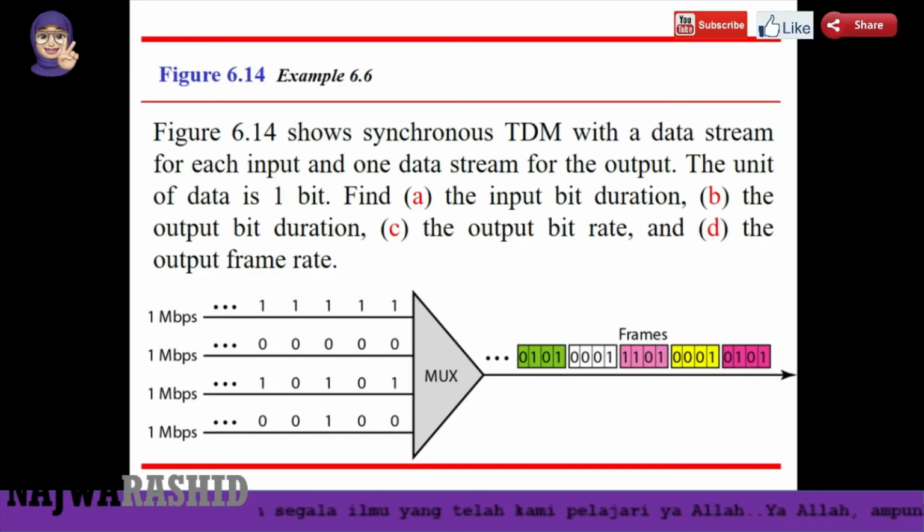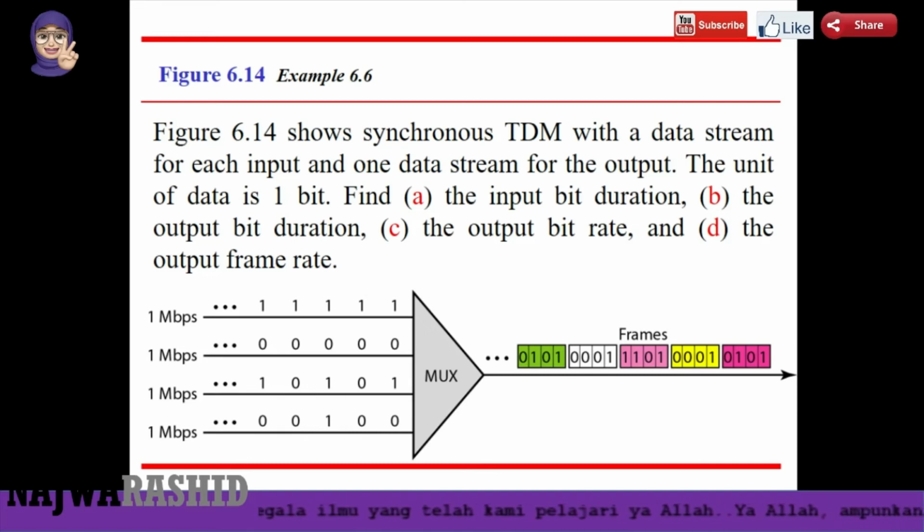Okay, next example. This figure shows that we use synchronous TDM. In this TDM, there is a data stream for each input and one data stream for the output.